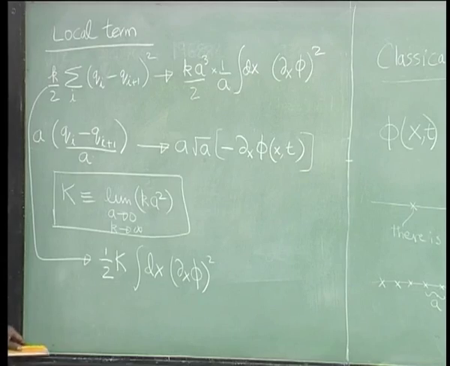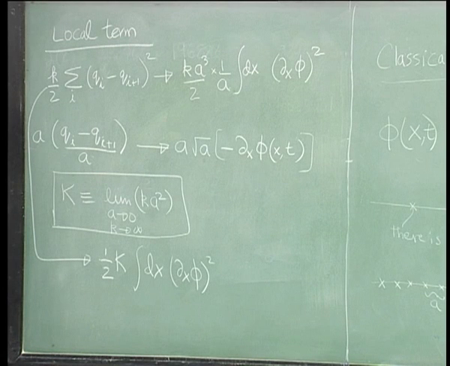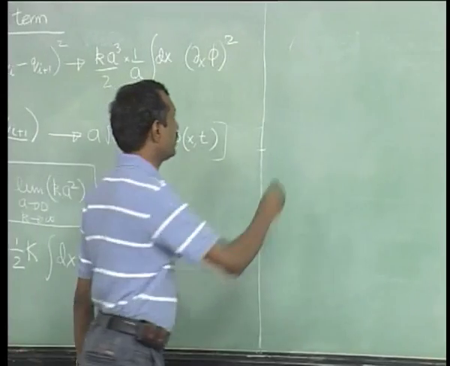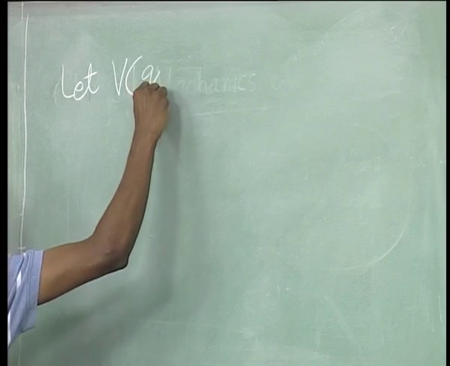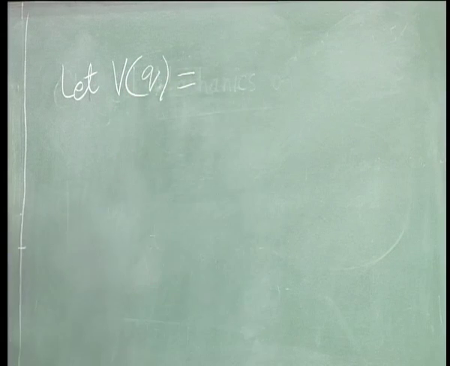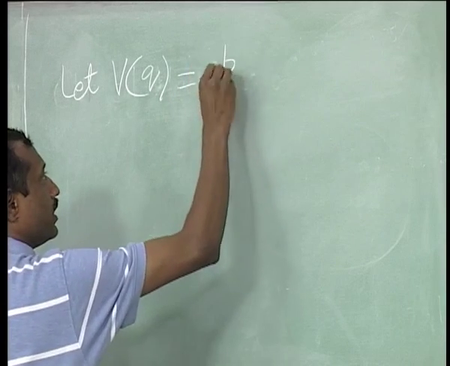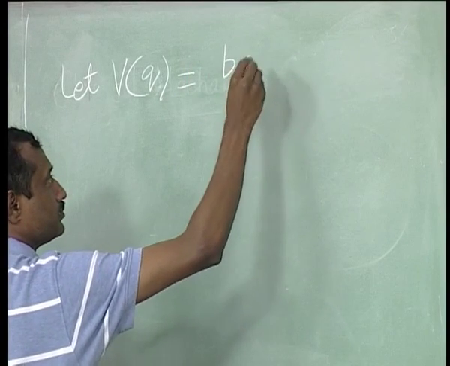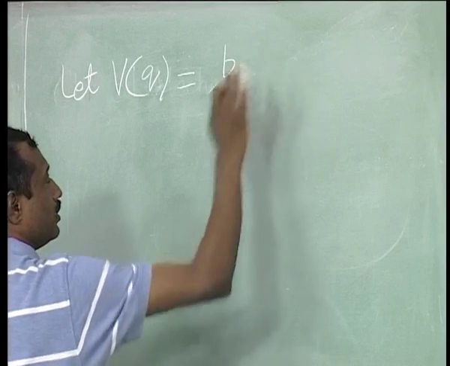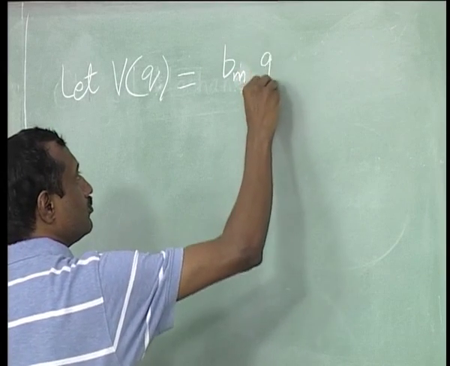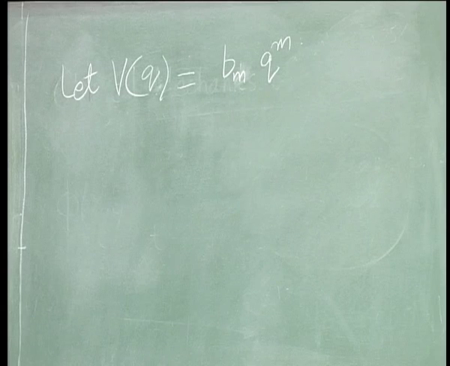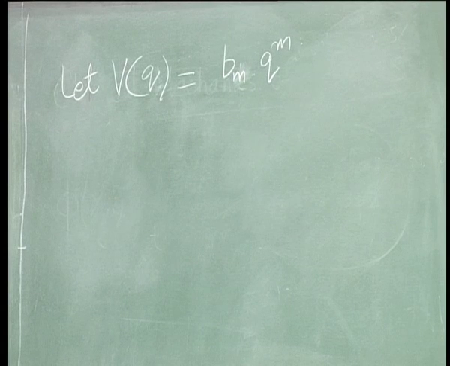We still need to handle the ultra local term. So, what I will assume is that the ultra local term has some power law. Let V of q be some power m.